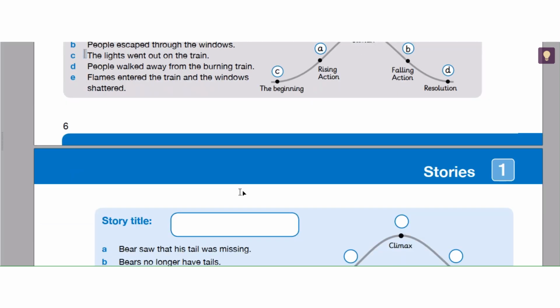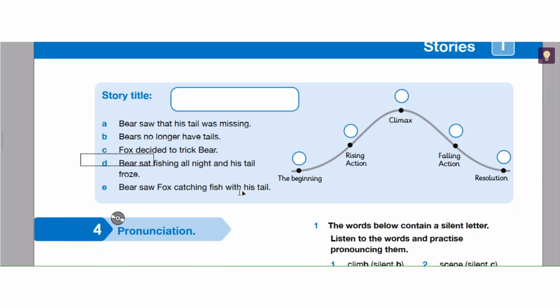We move to the next page, page number 7. And we want to classify these sentences into the beginning, rising action, climax, falling action, resolution.